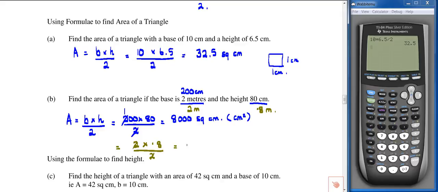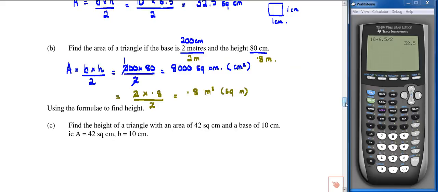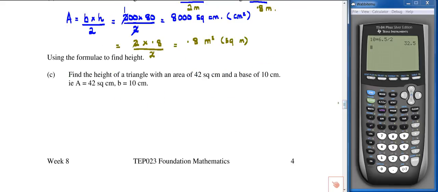Those 2's will cancel out, and the answer is 0.8, and now it's metres squared or square metres. So just remember, when you are substituting into a formula, you're substituting in values that are measured. You need to use the same set of units for measuring, so you might need to do a little bit of conversion.